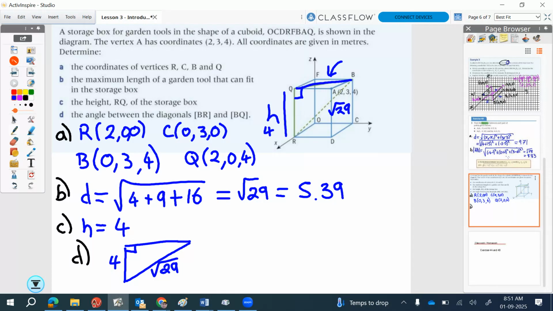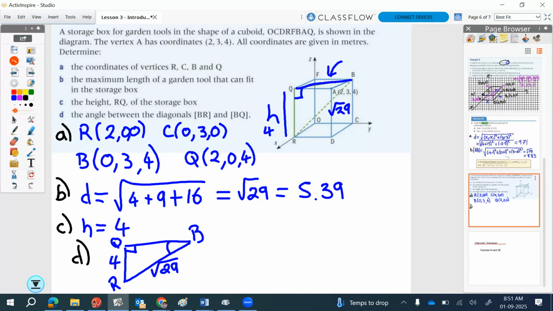This is the right angle, this is the point Q, turn it into a 2D, this is B, and this is R. Take a minute to visualize the shape and how I've turned it into a 2-dimensional shape using the vertices B, Q, and R. We need to find the angle between these two diagonals, the BQ at the top and the BR. So it's asking us to find this angle here.